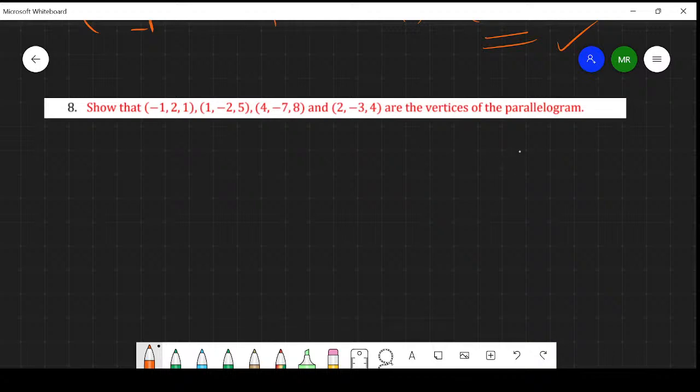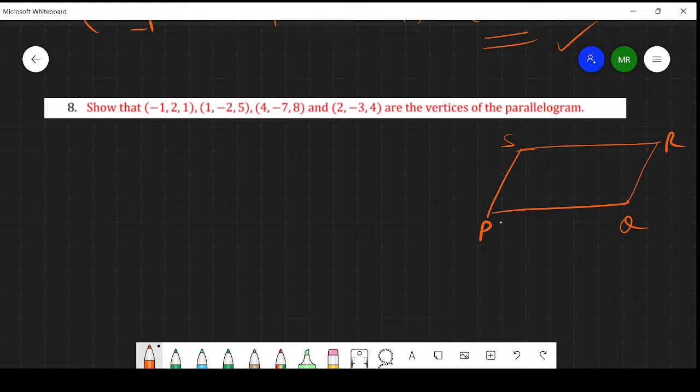You take the vertices of the parallelogram, always remember, you draw the parallelogram. So you think P, Q, R, S, you write parallelogram. PQRS is a parallelogram.